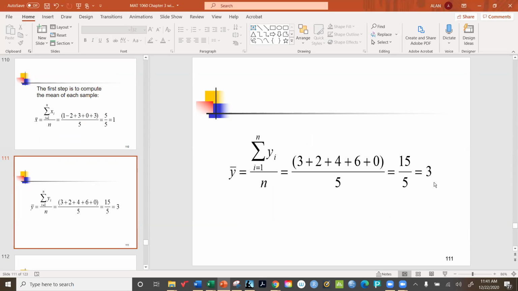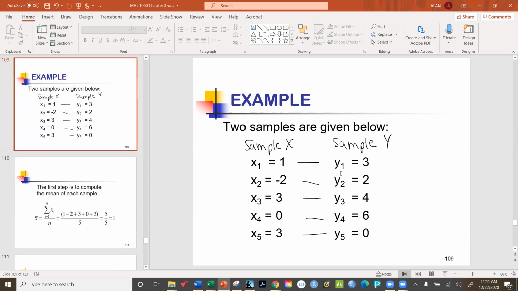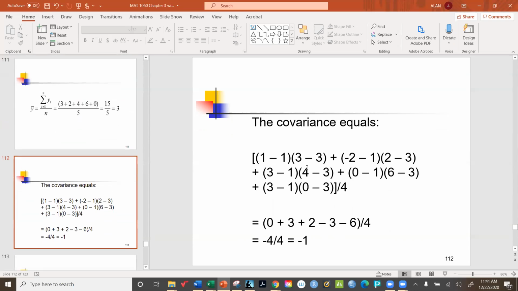So then we have to go through the list one pair at a time. All right, so we start with, okay, this is X1, this is X bar, this is Y1, and this is Y bar. This is X2, and this is X bar.